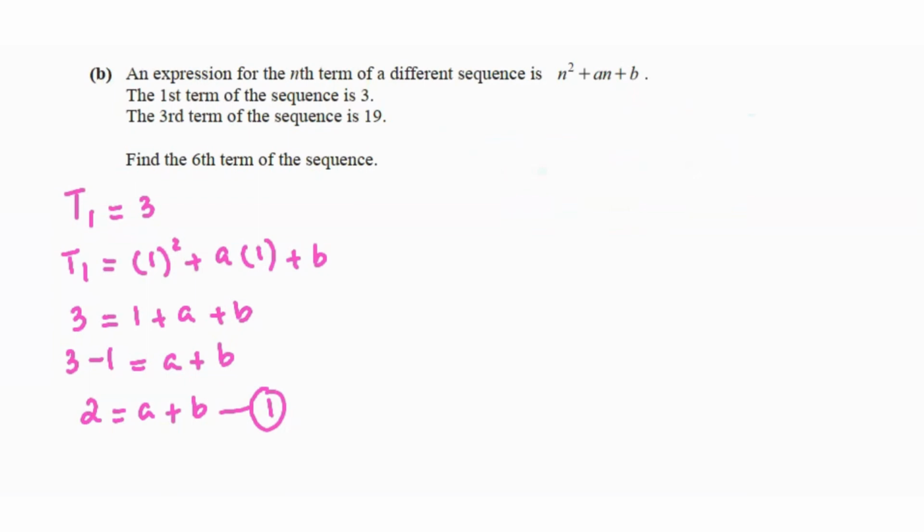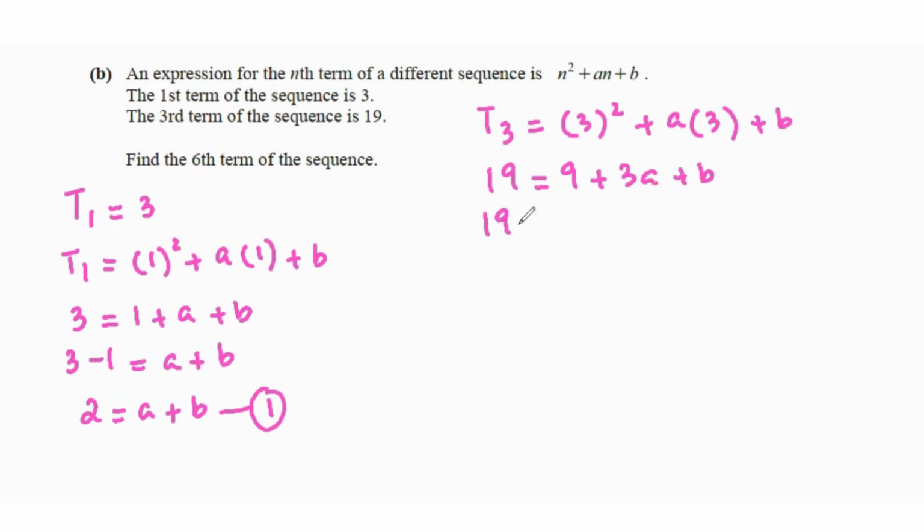Trying to find the third term. T3 is 3 squared plus a times 3 plus b. So that's 19 equals 9 plus 3a plus b. 19 minus 9 equals 3a plus b. And that's 10.